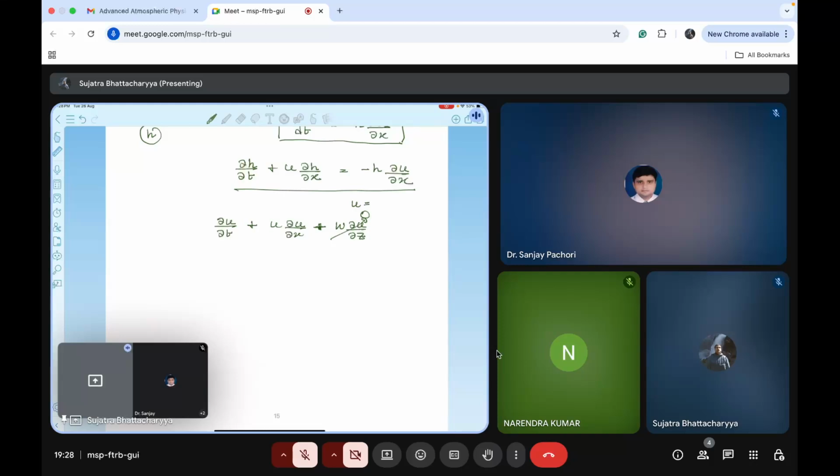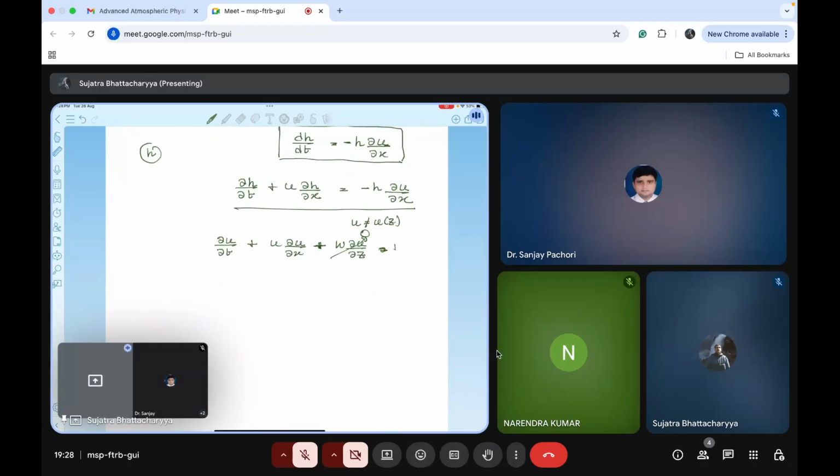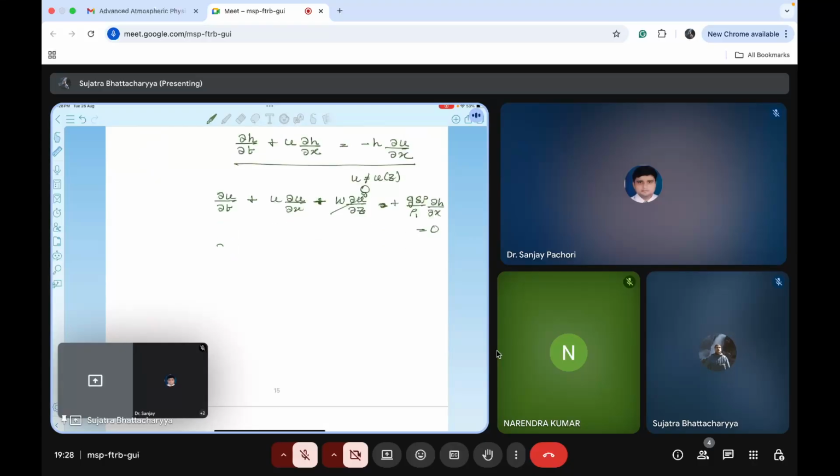This is equal to what you have here, so you can keep it like g delta rho by rho 1 delta h delta x. This is the first equation. The second equation is delta h delta t plus u delta h delta x plus h delta u delta x equal to 0. So these are the two equations.